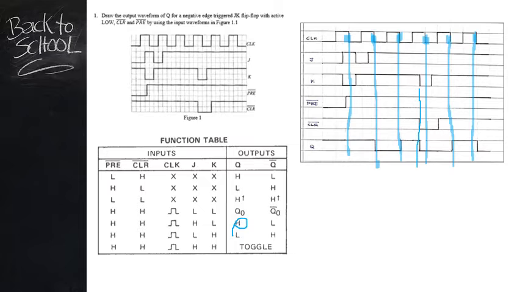as you can see, at this point the preset is high and the clear is low. So when the clear is low, regardless of the JK input, the output will be reset.